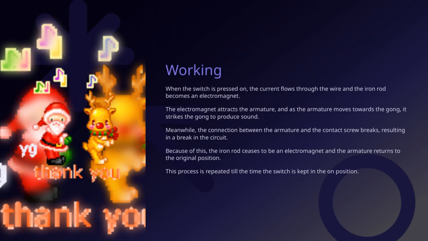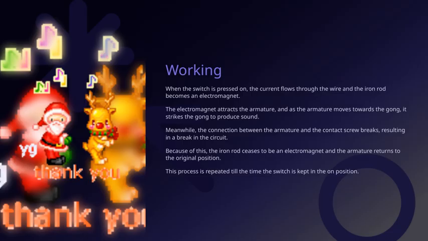When the armature moves and hits the gong, it also causes the connection between the armature and the contact screw to break. This break in the circuit is crucial because it stops the current from flowing through the electromagnet, causing the iron rod to lose its magnetism. Without the magnetic field, the armature is no longer attracted and returns to its original position.